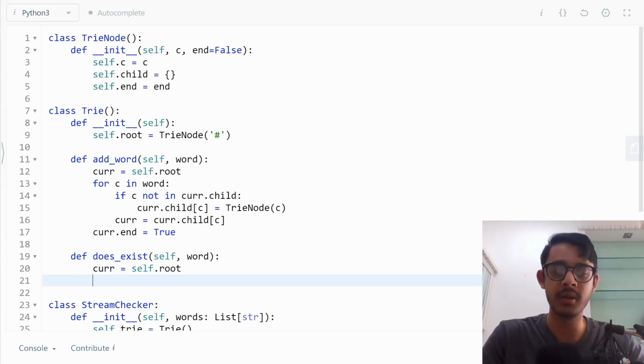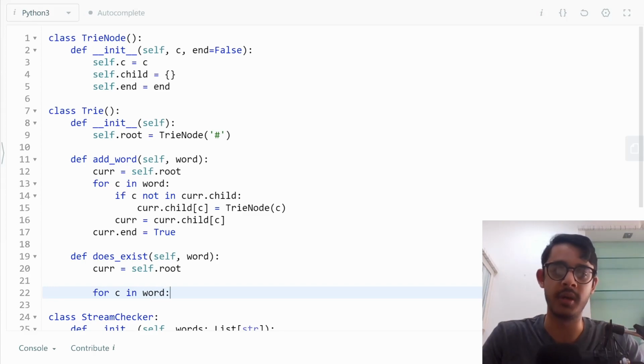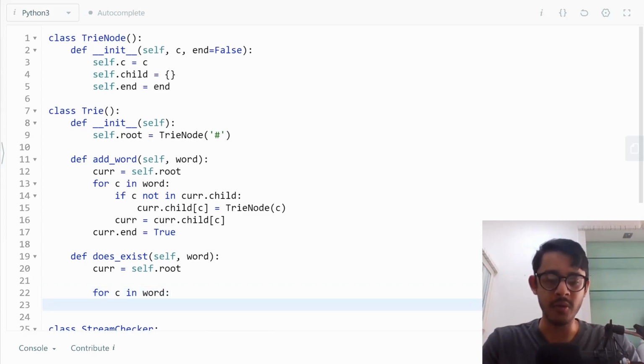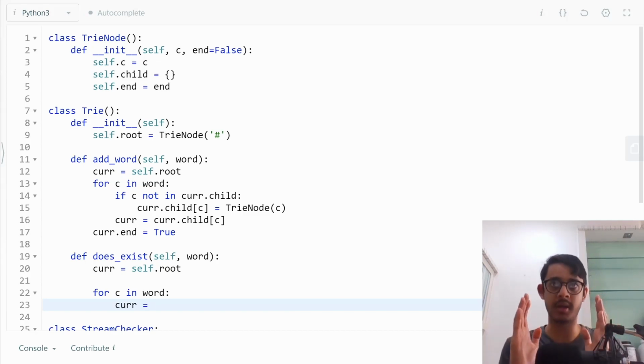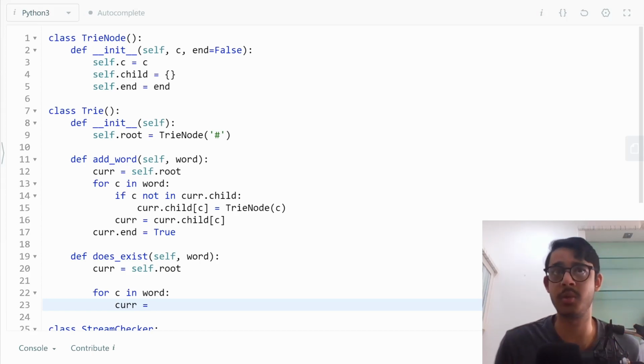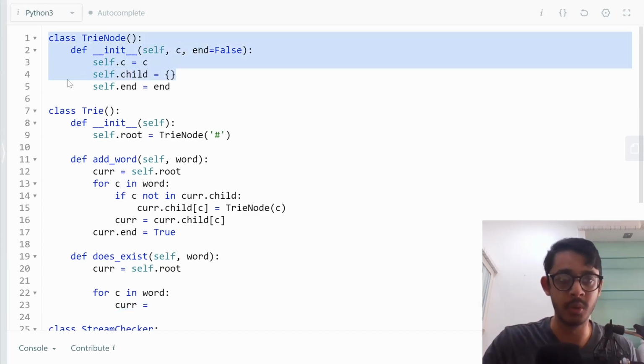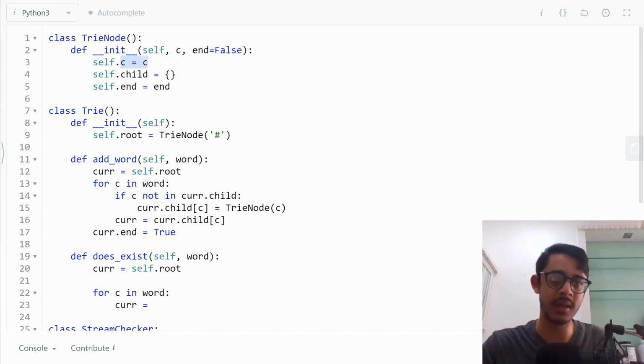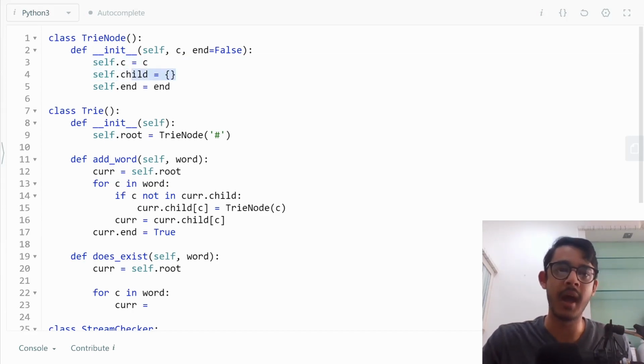And then for every character inside of the word given to us, I want to make sure that I go to the next character. So I'm starting at the current character, which is the root node, and then I want to move to the next, and then to the next, and so on. How can I move to this next character? We know from the node structure that for every single node, we have a character C, and we also have the self.child information.